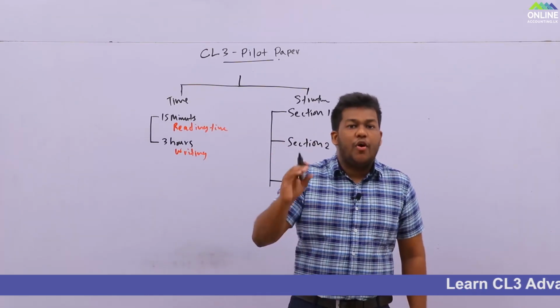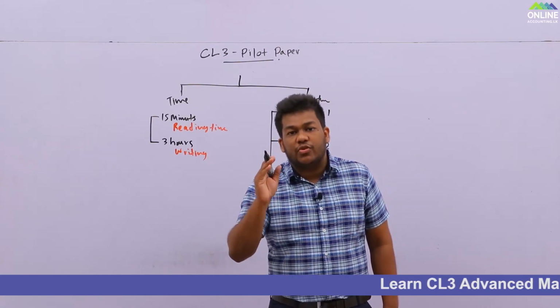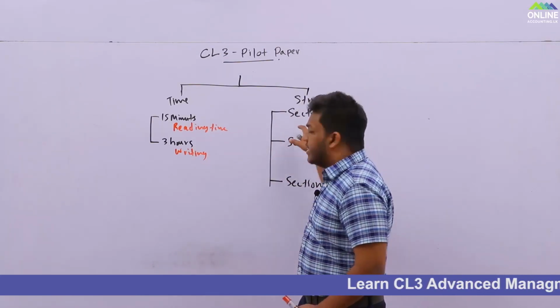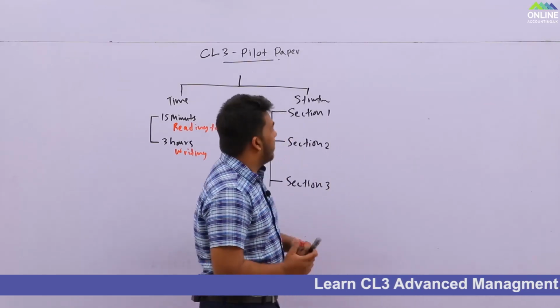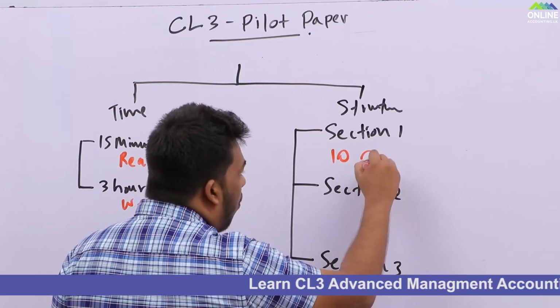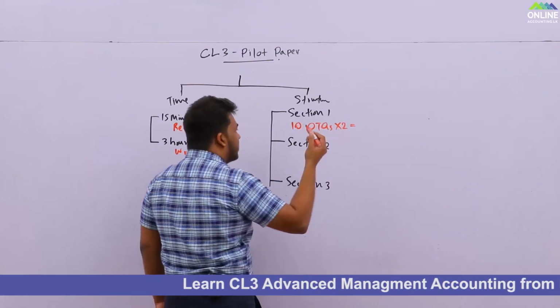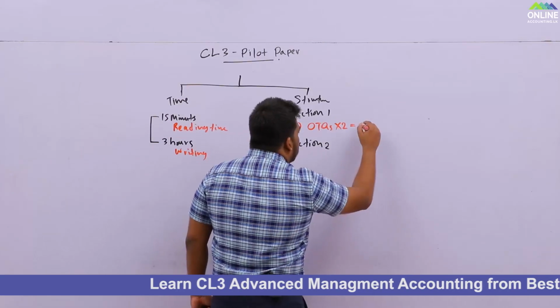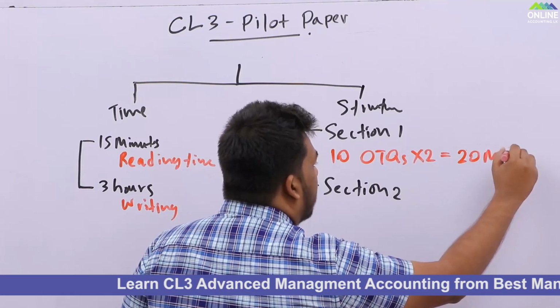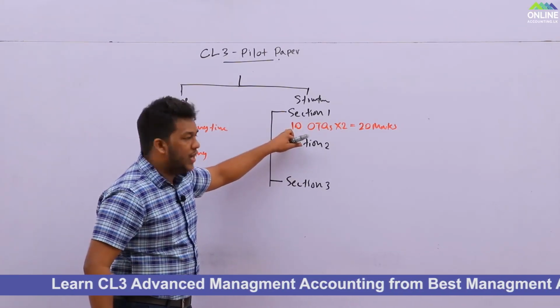The new corporate level has 10 MCQ questions in section 1. So section 1 includes 10 OTQs, each for 2 marks. Probably these are MCQs, but this is 20 marks. So you will be having 20 marks for these 10 OTQs, right?